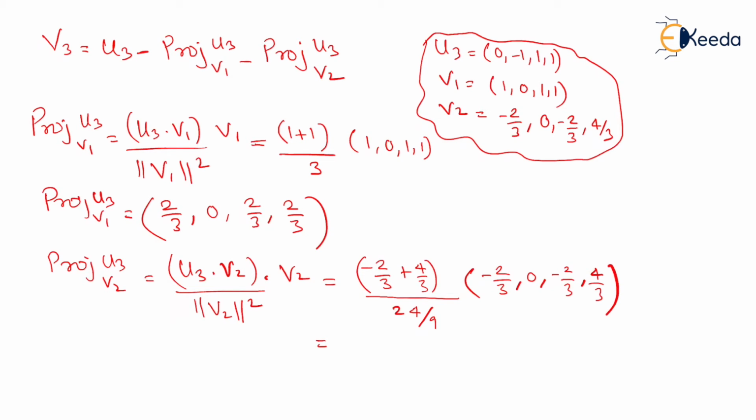If you simplify this, you will get 1 by 4 times -2 by 3, 0, -2 by 3 and 4 by 3. This is the projection of u3 on v2.